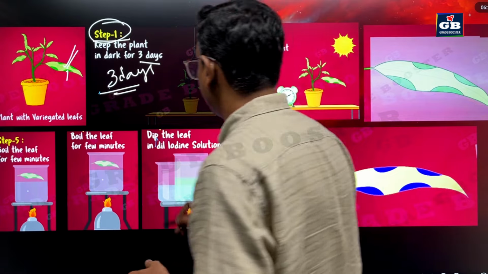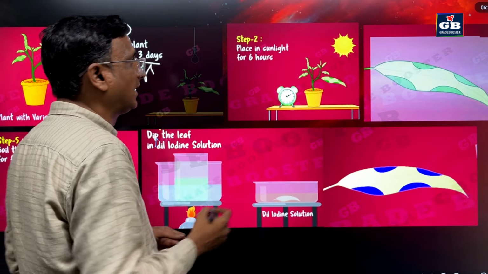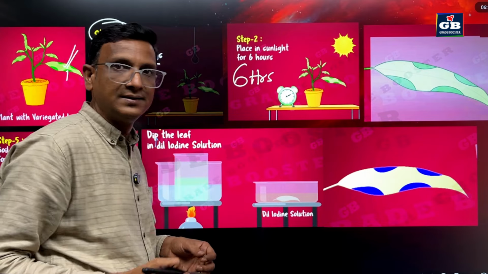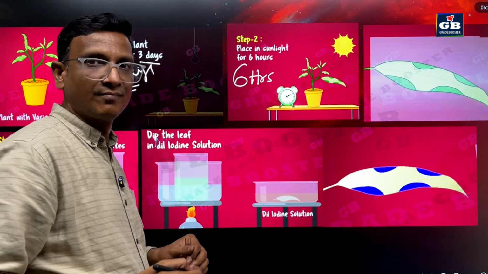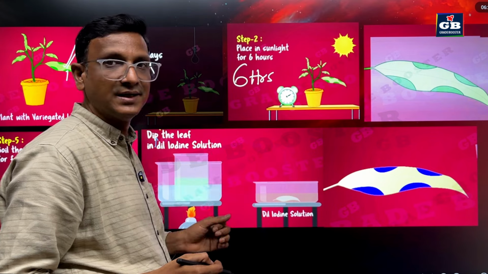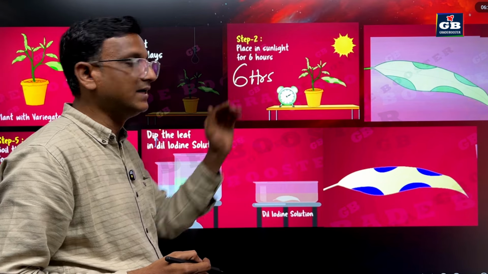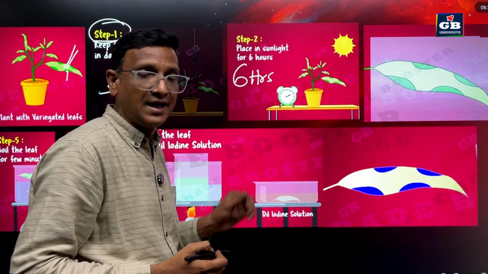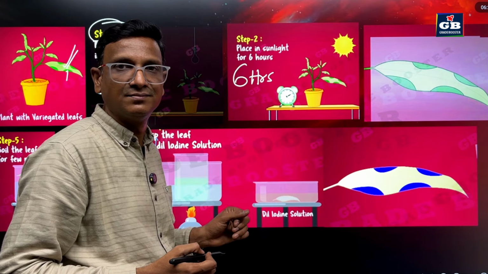Now, take the plant into sunlight and keep it in sunlight for 6 hours. What happens? Photosynthesis takes place. Starch is prepared in the leaves. Now we are going to test at which portions of the leaf the starch is prepared.